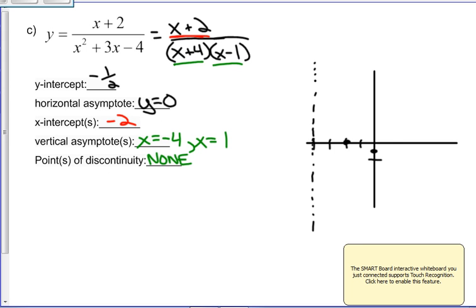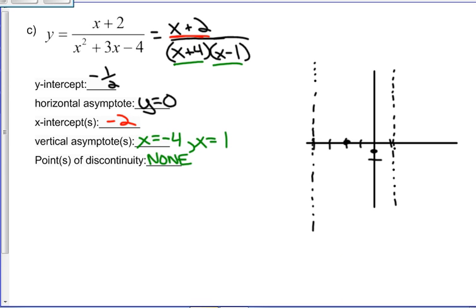Let's put this one in at 1 as well. Okay, and anything else? We know that horizontal asymptote is y equals 0. That's just the x-axis, so that really doesn't help us out that much. So these are the only points that we have to deal with.